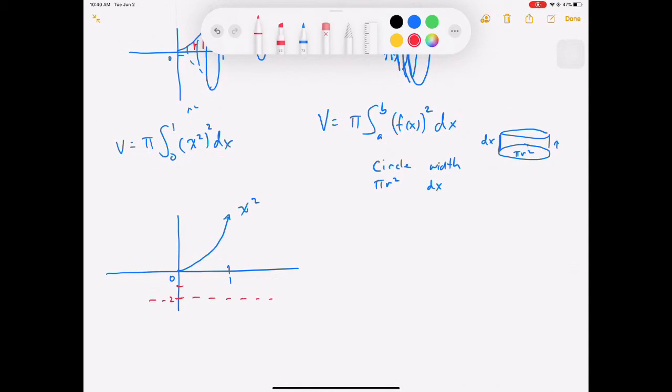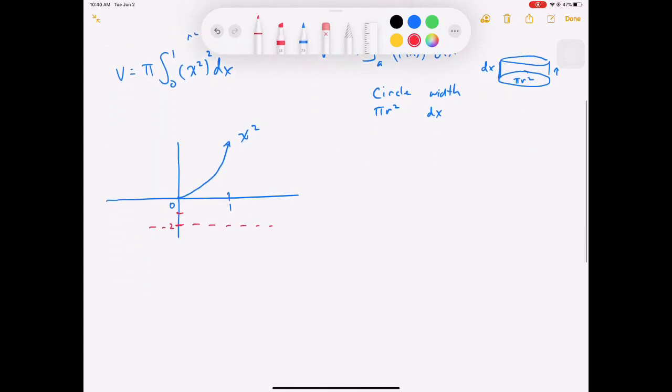So I want you guys to get a visual of this. When I shift it around -2, as I spin it around, what happens here is that the radius has now changed. Before, the r was described as just from the x-axis to the function.